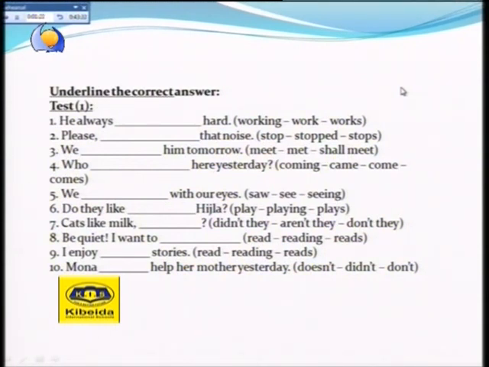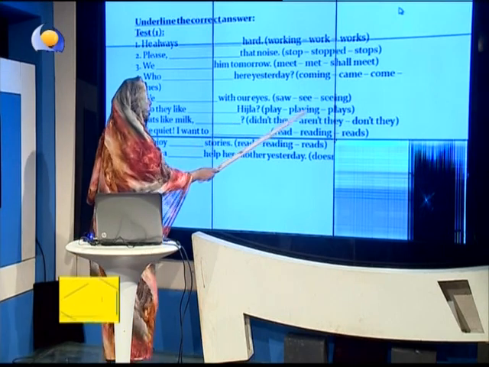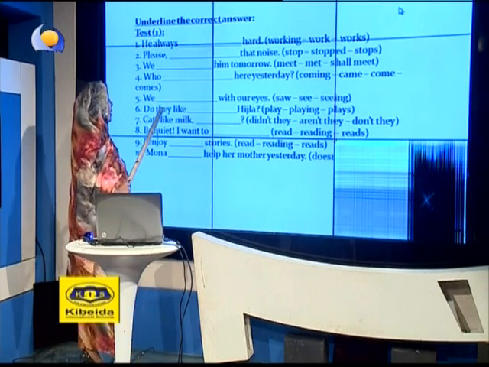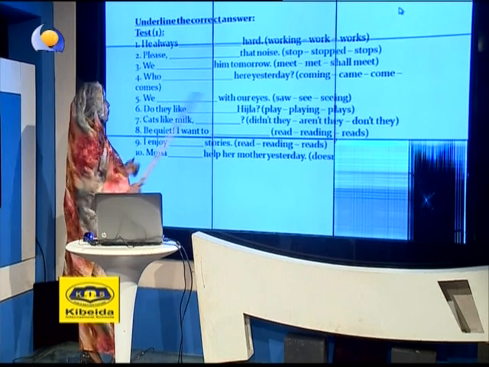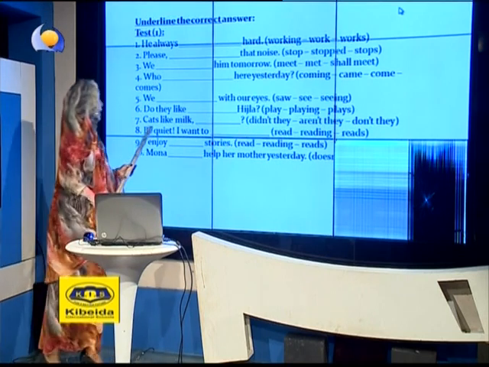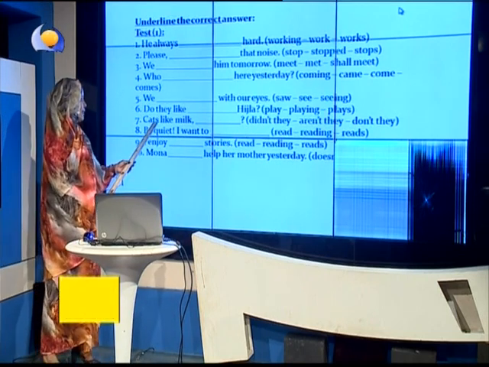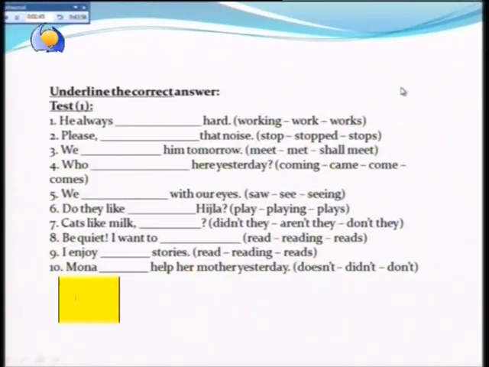Facts are written in present simple. Do you like? This is a question that starts with do. It is a question in the present simple. Do they like hopscotch, or do they play hopscotch? With do we put the infinitive. Cats, cats plural. Cats like milk.